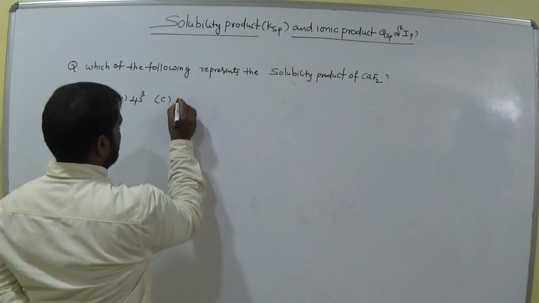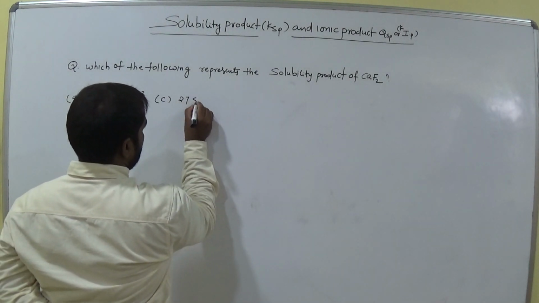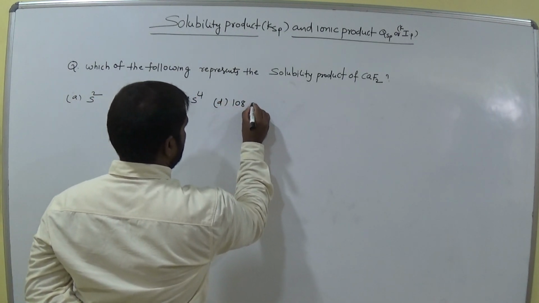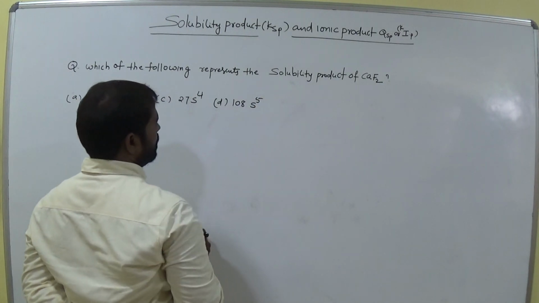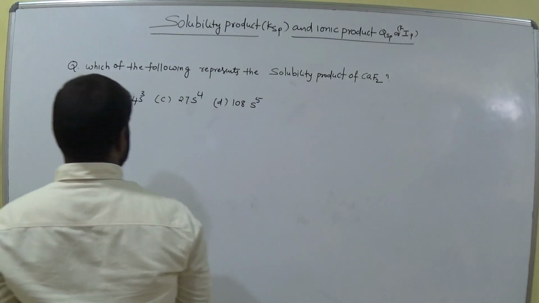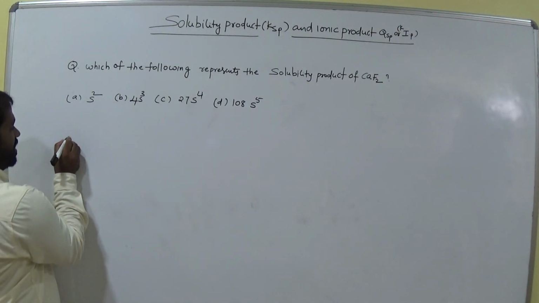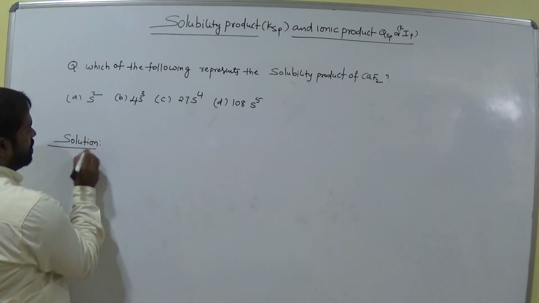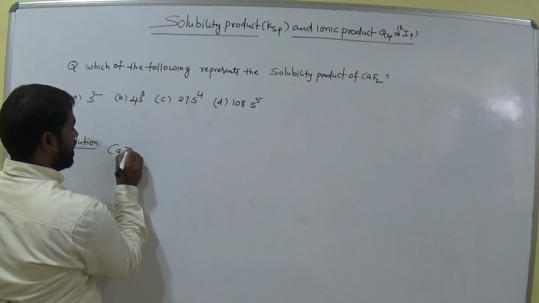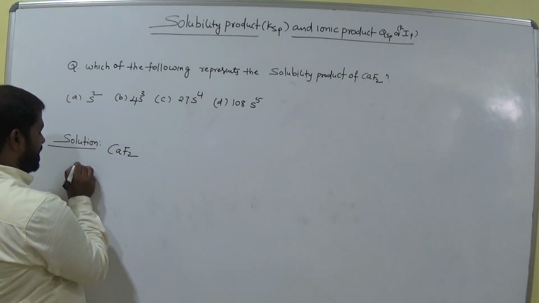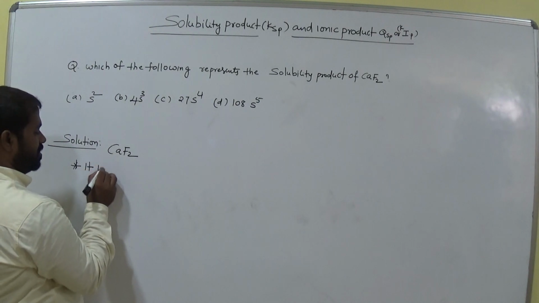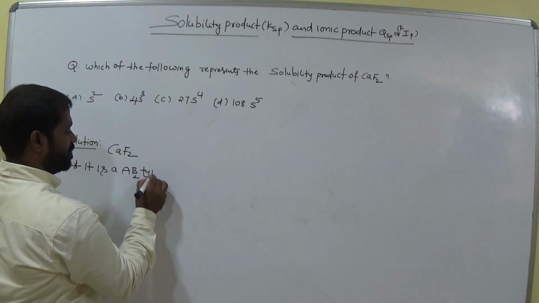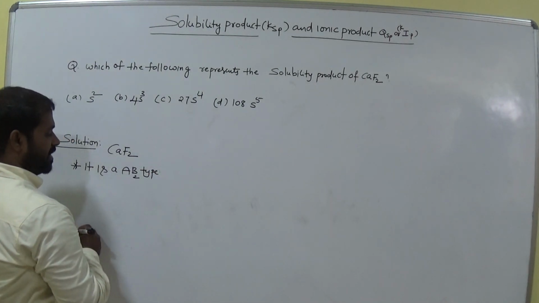Option C, 27 S power 4. Option D, 108 S power 5. Now which one is the correct one? The given salt is CaF2. Clearly it is an AB2 type salt.